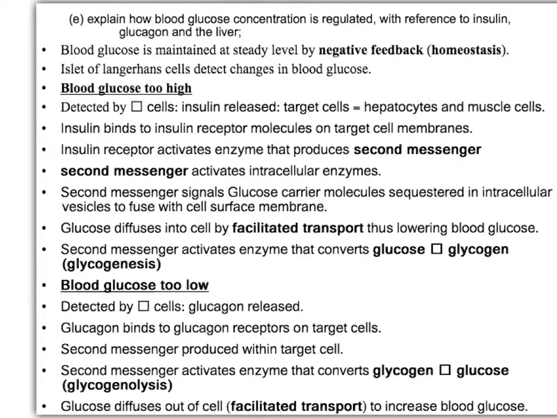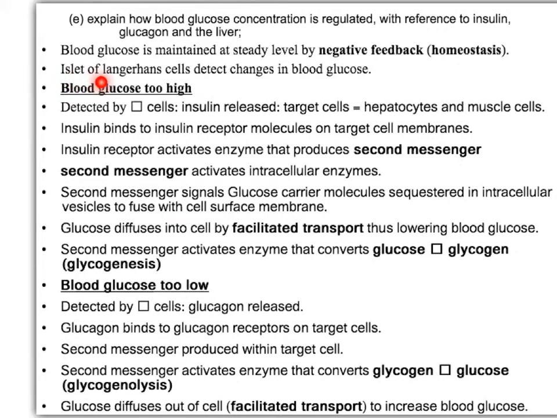Conversely, if blood glucose levels drop, we detect that and respond by raising blood glucose back to the norm. Okay, so that's another negative feedback control mechanism which allows homeostasis to occur, i.e. keeping the blood glucose level in the blood constant.